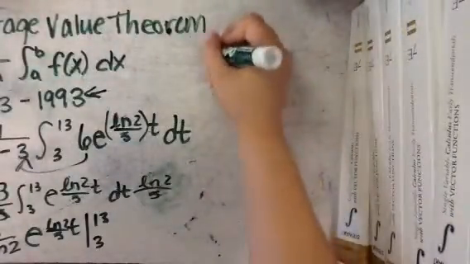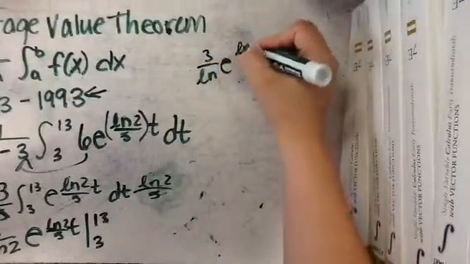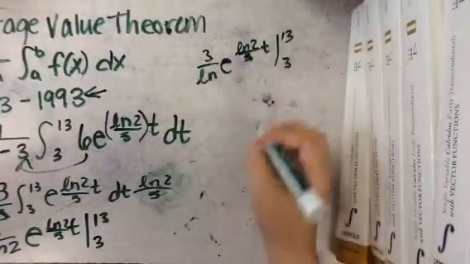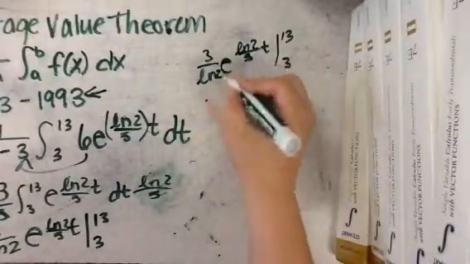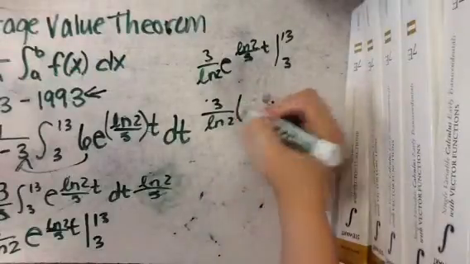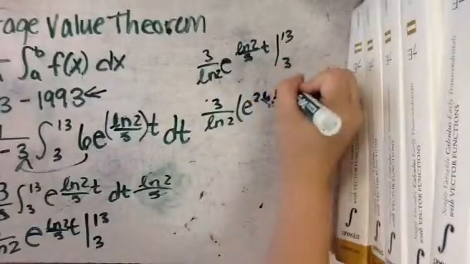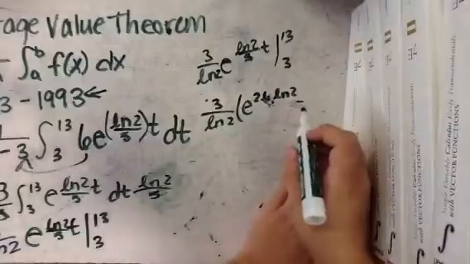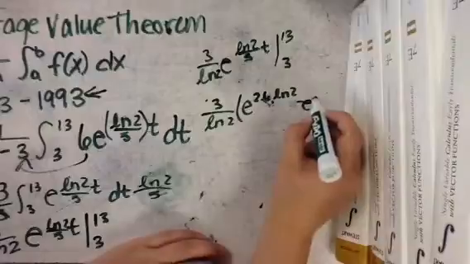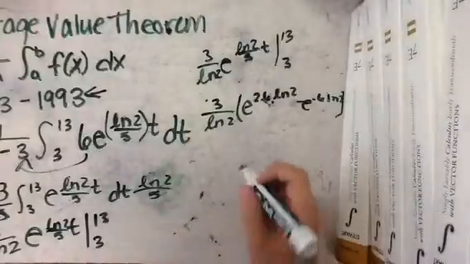So from here, we're just going to say 5 over ln of 2 evaluated from 3 to 13, and I simplified this down, so it'll be e to the 2.6 ln of 2 minus e to the 0.6 ln of 2, all multiplied by 3 over 5.